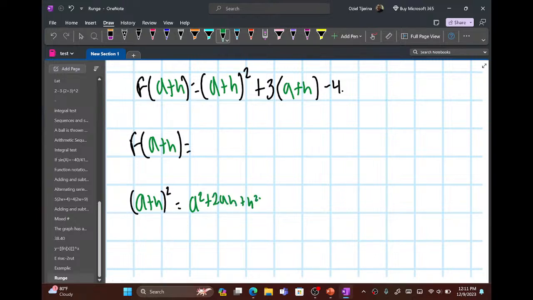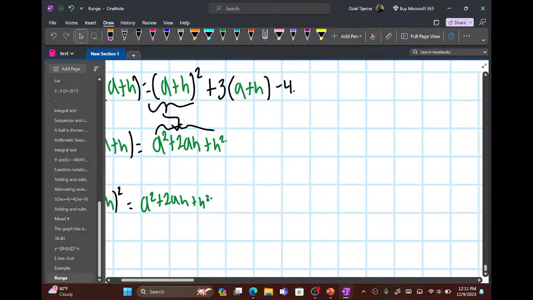Like I said, if you don't know how to do that, please do the FOIL method or study the theorem, because it's very important for these. So we have a squared plus 2ah plus h squared. So that is this first part here, guys.